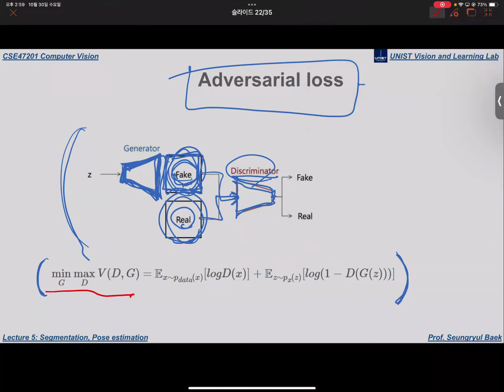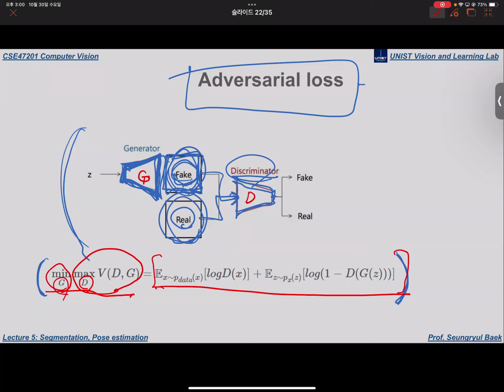So this formula is actually having all the information about that. So the discriminator, we will denote it as D, and the generator, we will denote it as G, okay? First, we will maximize this formula for the discriminator, and then we will minimize this formula for G, okay?